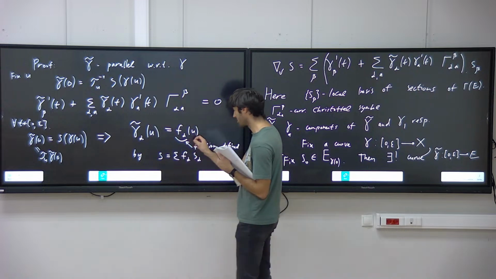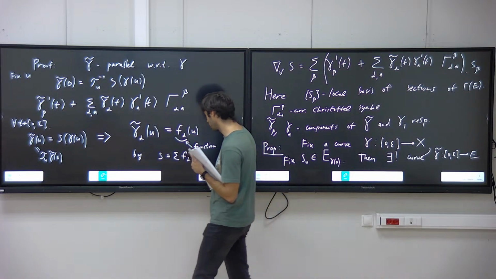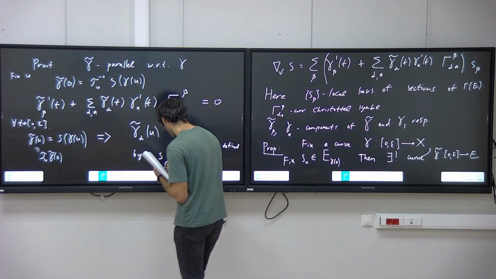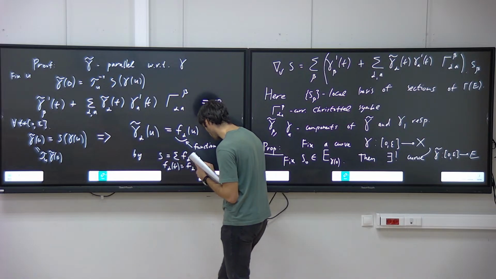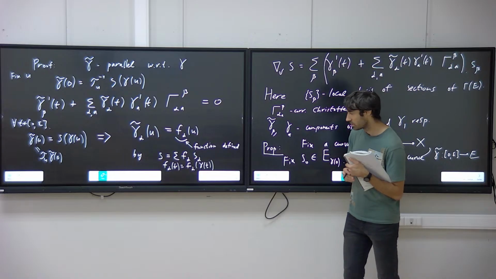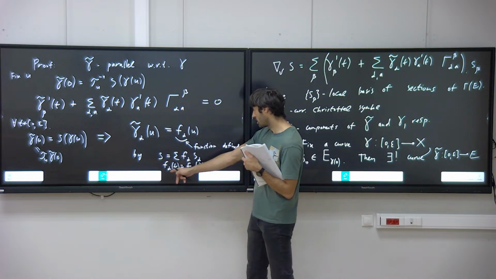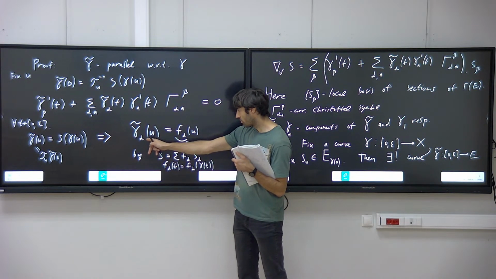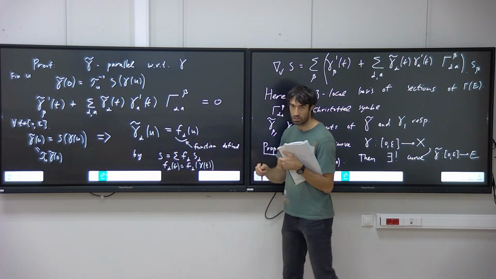But this is not a point of x, but rather some real number. To make this a function of a real number, slightly abusing the notation, I just write f alpha of gamma of t. This is f alpha of t. So I have a function of a real number f alpha, defined by s and gamma like this, and the value of gamma tilde alpha at my fixed u is exactly the value of f alpha of u.